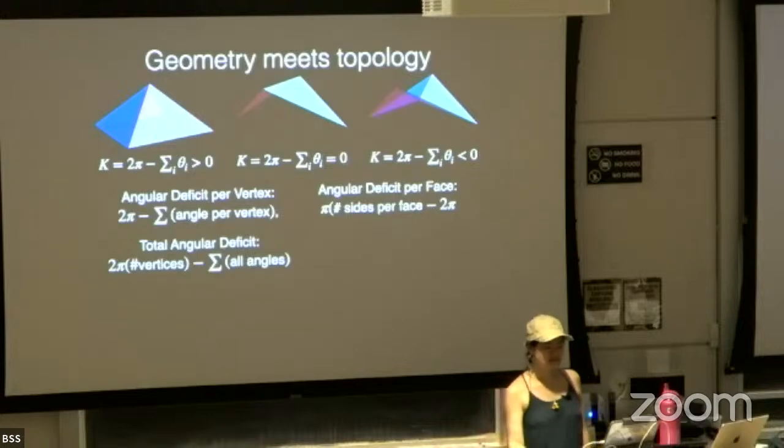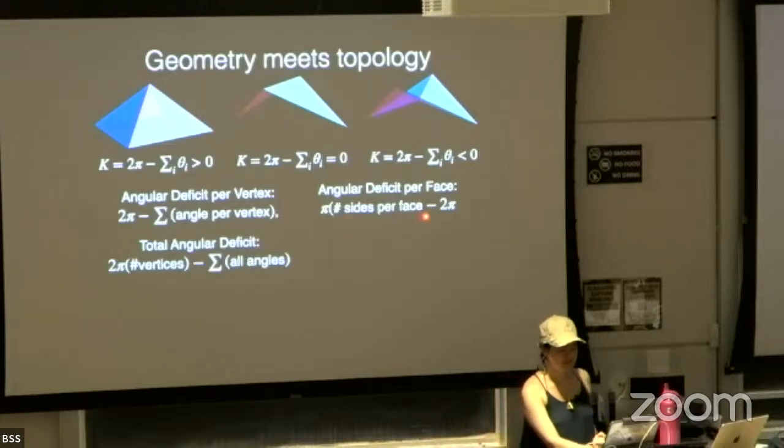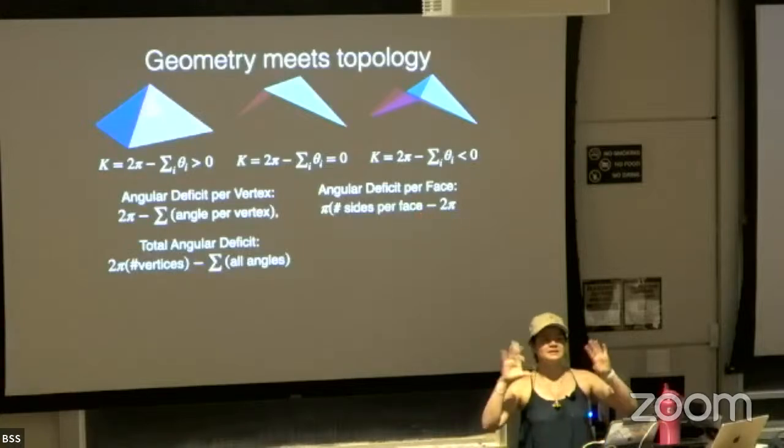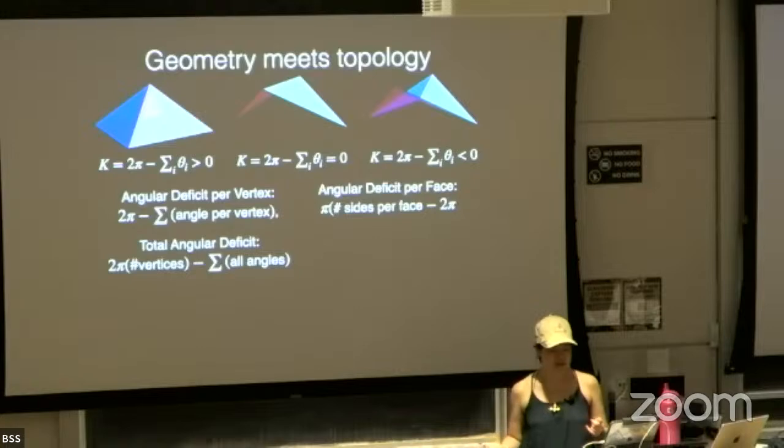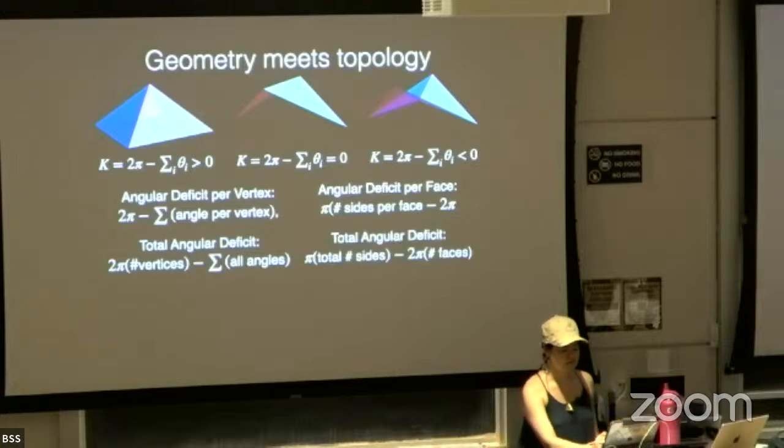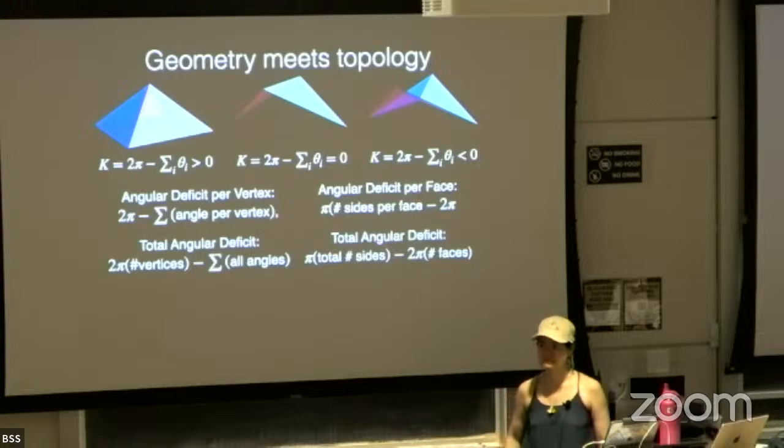Here it's pi times the number of sides per face minus 2 pi, the total angular deficit for a polygon. Again, I can extend that to the entire structure: pi times the total number of sides minus 2 pi times the total number of faces. I'm just multiplying those through.